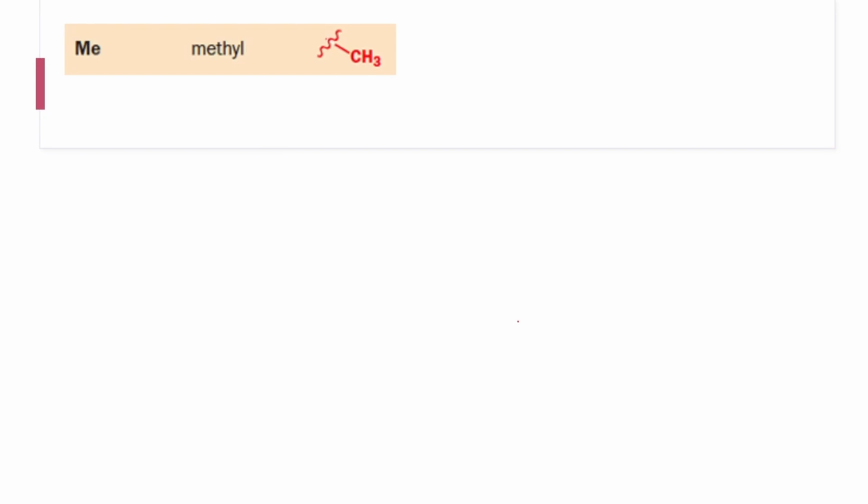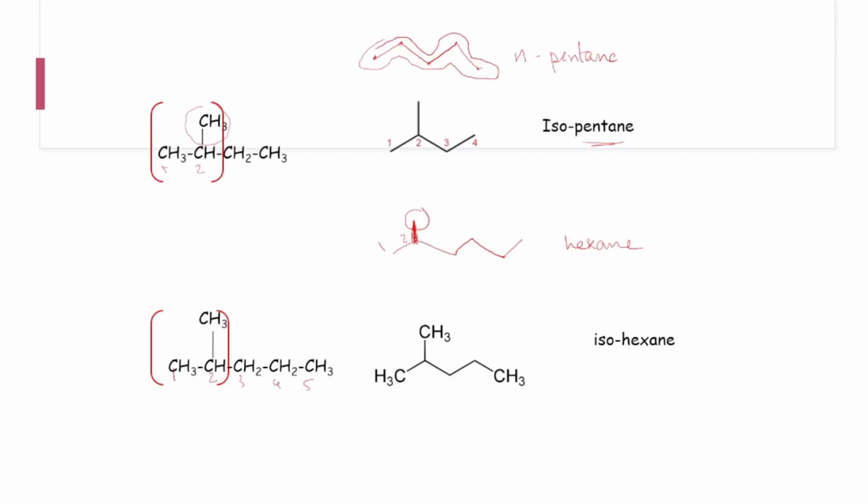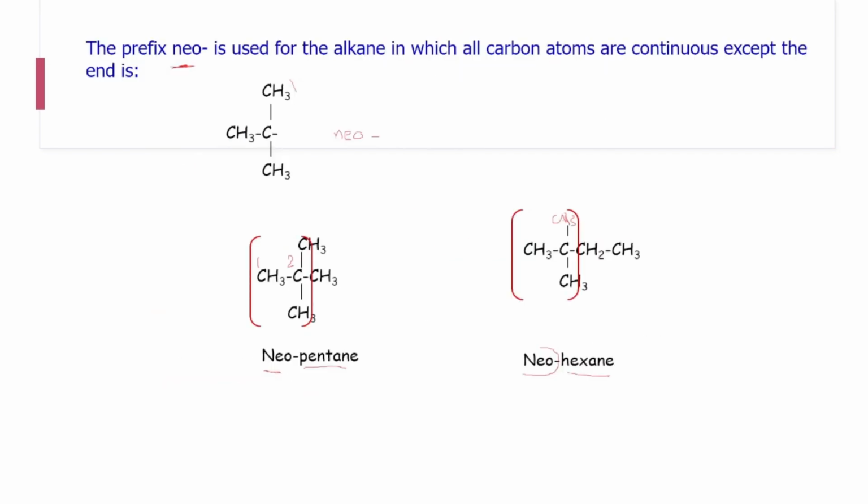Okay, so now in general, for the common names, you should add the prefix N for straight chains, iso if you have a methyl group at carbon number 2, and neo if you have two methyl groups at carbon number 2.